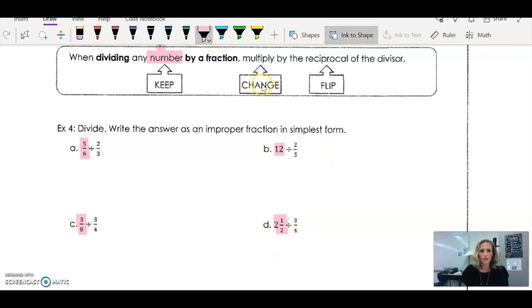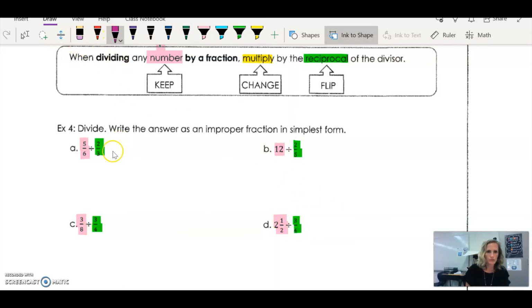We're going to change the division to multiplication. So each of these is going to become a multiplication problem instead, and we are going to use the reciprocal of the fraction we are dividing by. So we're going to flip each of these fractions and write it as its reciprocal.